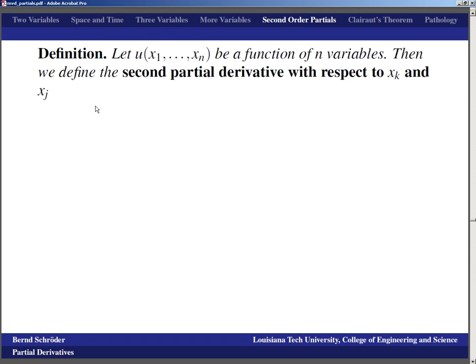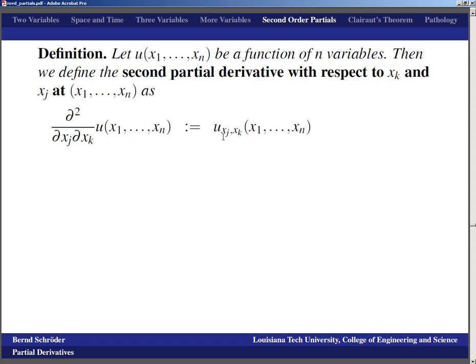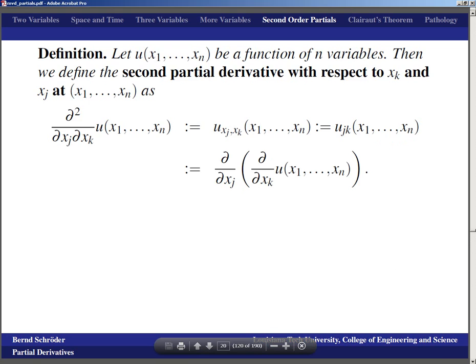So you take one of those functions, and we can define the second partial derivative with respect to xk and xj at the point x1 through xn to be d2 dxj dxk of u at x1 through xn, which is also sometimes written u xj xk at x1 through xn, or simply u sub jk of x1 through xn, and that is simply the partial derivative with respect to xj of the partial derivative with respect to xk of the function, provided that that partial derivative exists.